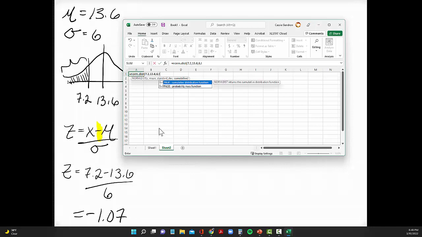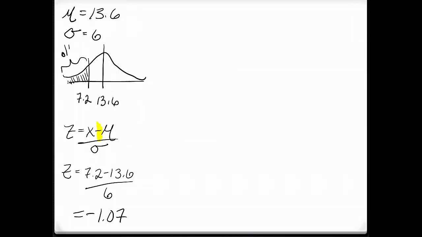We want the cumulative distribution function, so we're going to go true. So we have a 0.14. So the area here is 0.14, or a 14% chance of that happening.